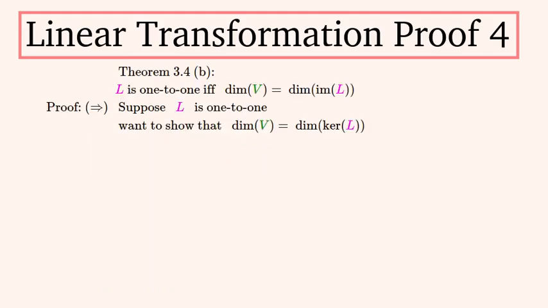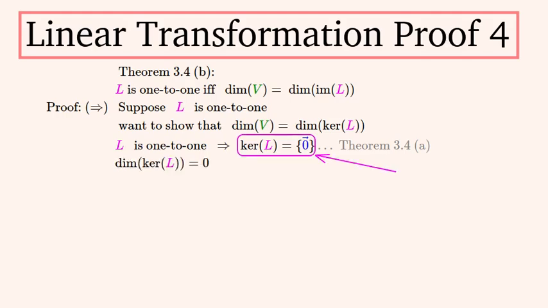So now to prove part B of this theorem, we've studied what the dimension of a vector space is in earlier proofs. We'll start to prove this in the forwards direction. Now if L is one-to-one, then this implies that the kernel only contains the zero vector from part A of this proof. So the dimension of the kernel is zero, because it doesn't contain any non-zero vectors.